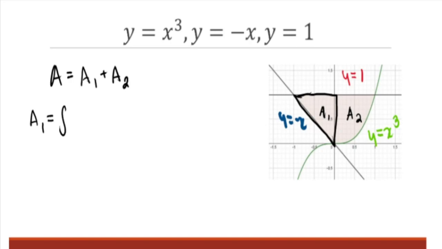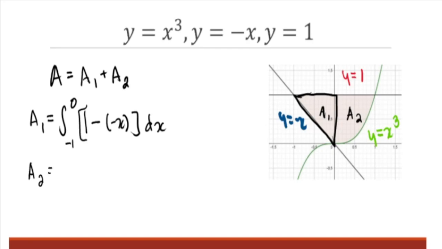So the definite integral from negative 1 to 0 of 1 minus negative x dx. Okay? Because the two functions we considered are the horizontal line y equals 1 and this line y equals negative x. In that case, y equals 1 is always larger compared to y equals negative x.